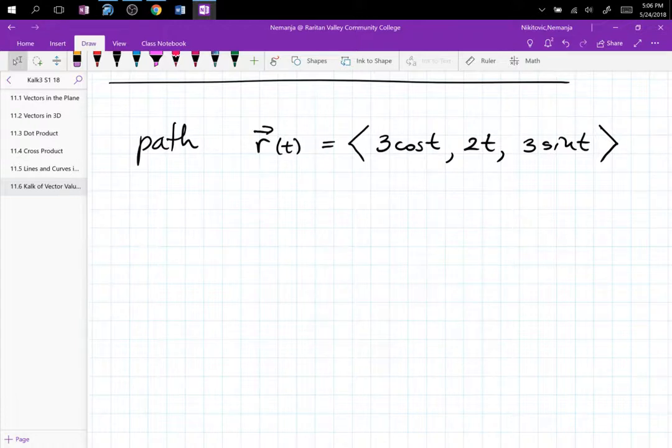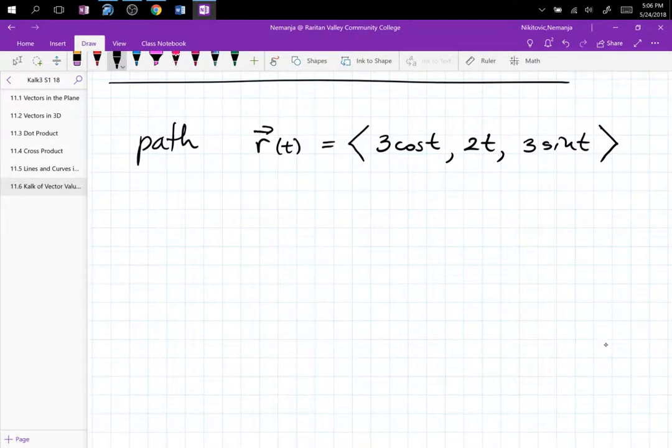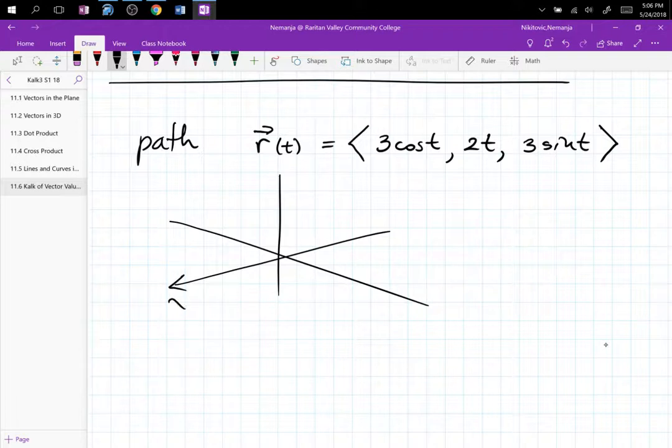This helix will be wrapping around the y-axis. Yeah, very nice. So if we are to draw this, we can say this is x, this is y, this is z.